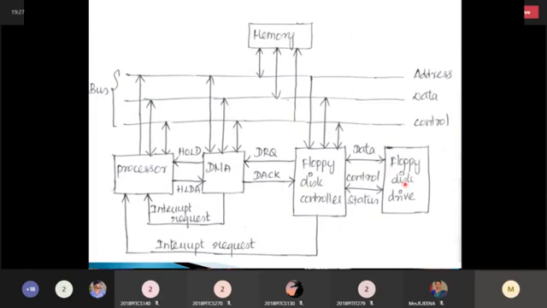Whether to write or retrieve the data, that control will be in the floppy disk drive. The DMA, if it wants access to the processor, can give an interrupt request to the processor, and even our floppy disk controller can also give an interrupt request to the processor. All these buses are connected to the memory.